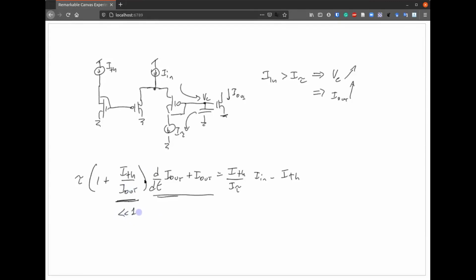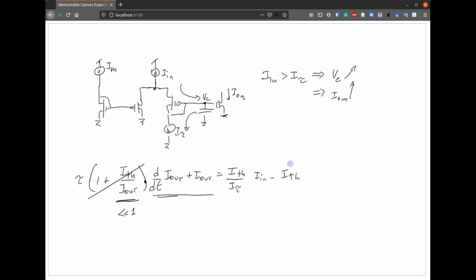And if that's true, then something much less than 1 plus 1 is equal to 1. So this simplifies out. We have tau dI out over dt plus I out equals something. And also here, I threshold over I tau, if I threshold is small, this part can be neglected.